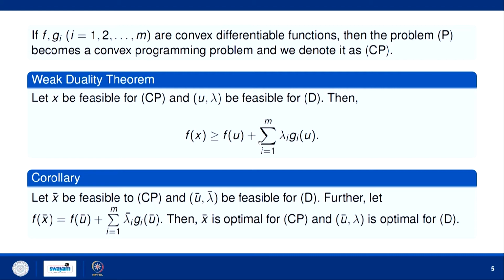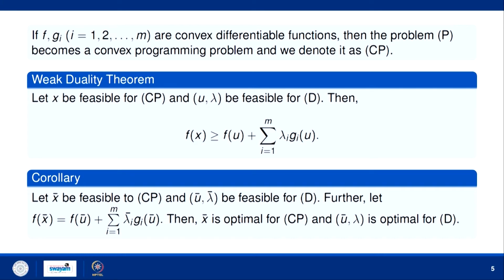So, that will be helpful in finding out the bound of a given problem, the primal problem or the dual problem. Similarly, if you know x as a feasible point for the problem C p, then you know this value, some finite value, then we can say that the objective function of the dual problem will always be less than or equal to that value. So, this is helpful in finding out the bounds of the primal problem or the dual problem.